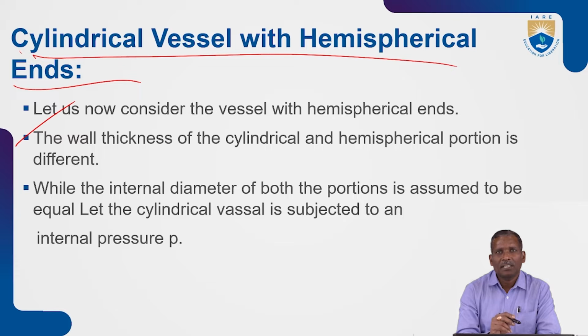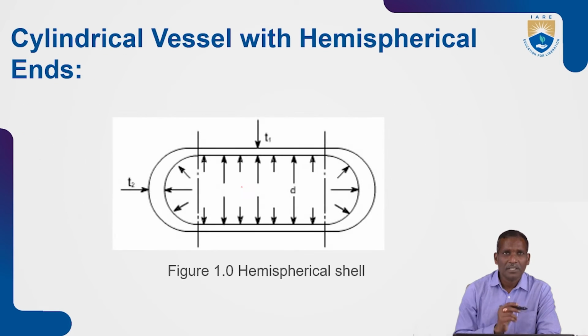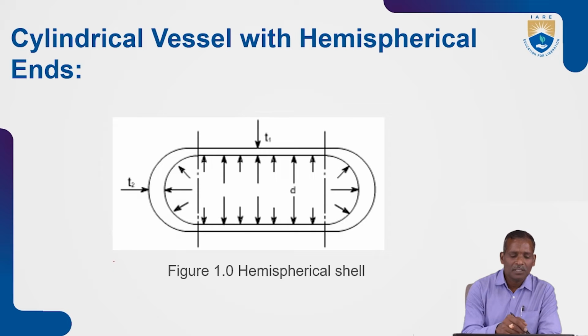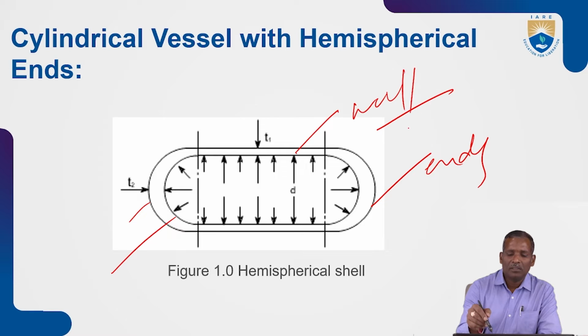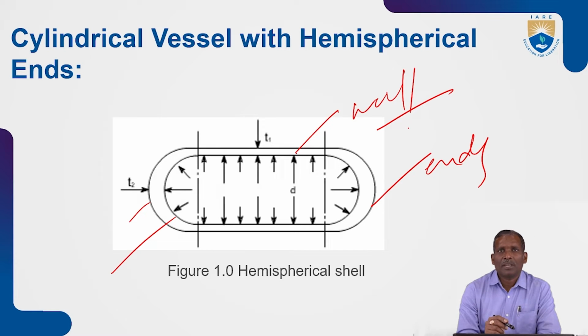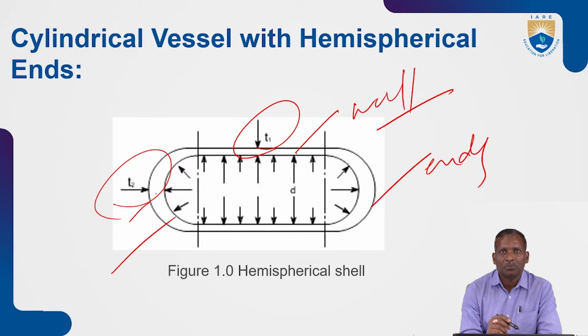Let us assume the cylindrical vessel is subject to an internal pressure P. In this diagram, these are the ends and the wall. Here the wall thickness is T1, the hemispherical ends have thickness T2, and the internal diameter is D.